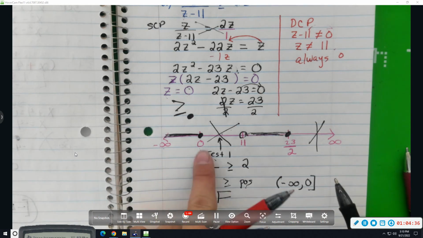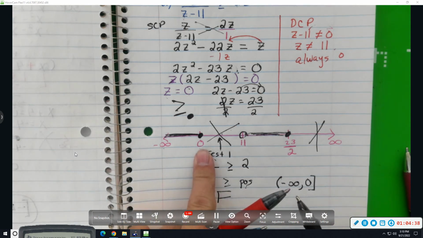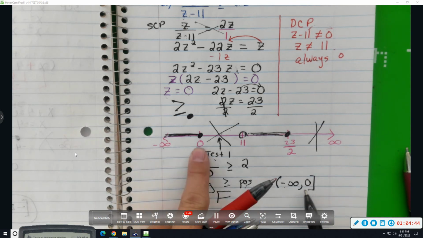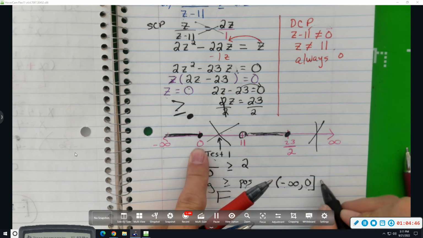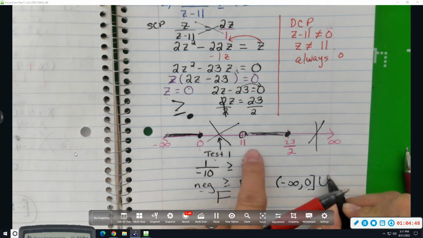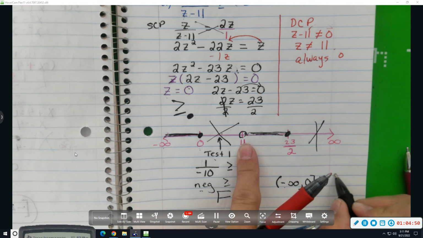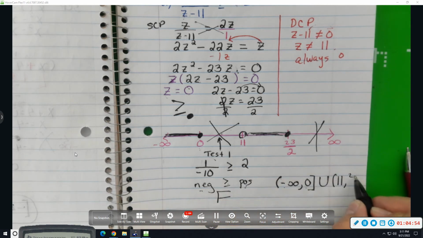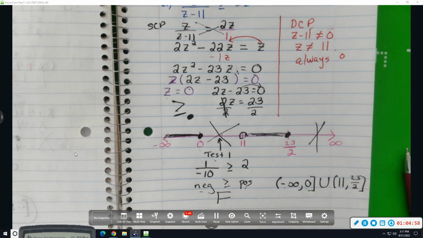Always left to right. Don't write 0, comma, negative infinity. It'll count it wrong. The left-hand endpoint, the right-hand endpoint. Union, parentheses 11, comma, 23 over 2, bracket.